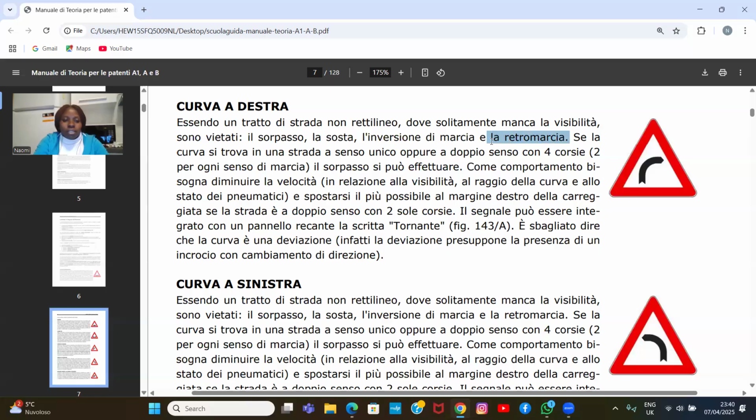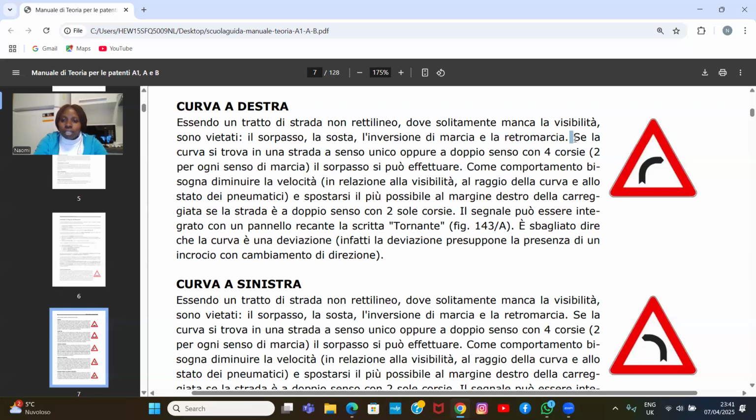La retromarcia is your reverse. Don't take the reverse. Don't say, I've changed my mind, I'm not going forward again, I want to go back. No. So these following things are not allowed. And the same way it applies for curva a destra, it also applies for curva a sinistra.